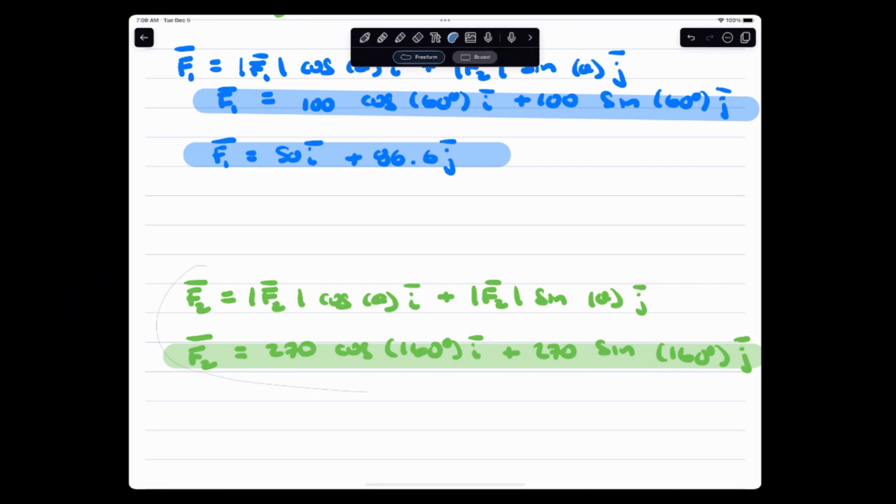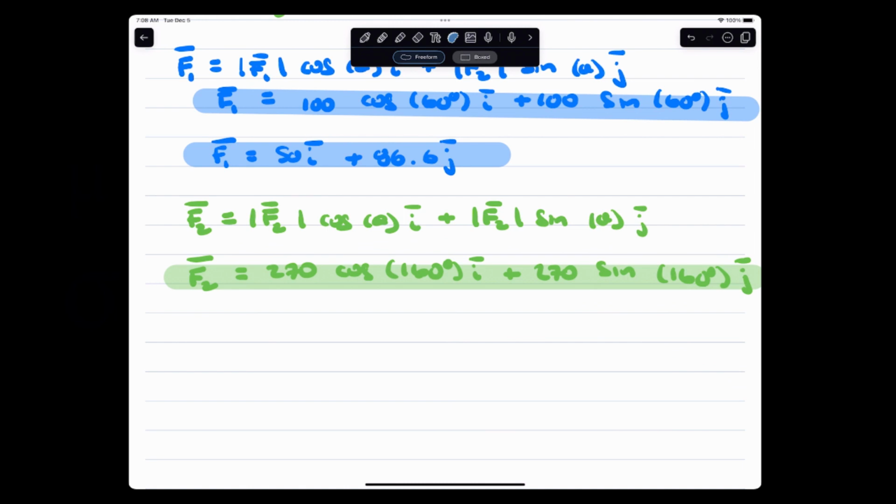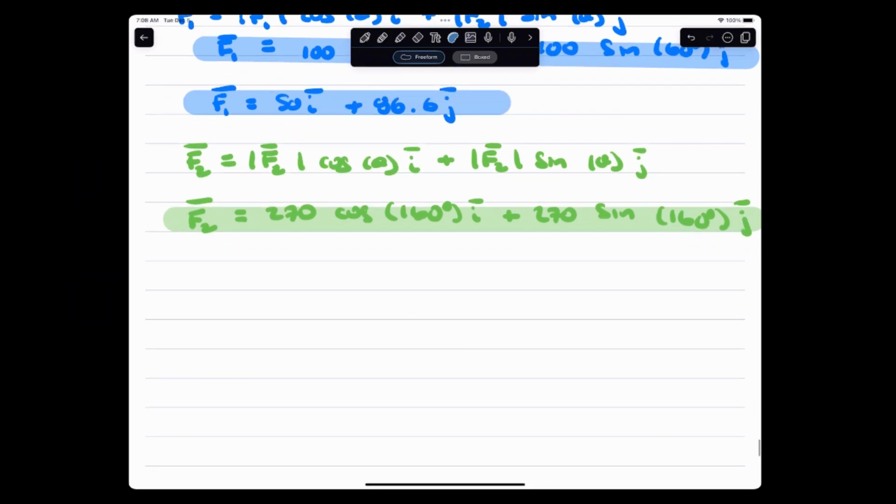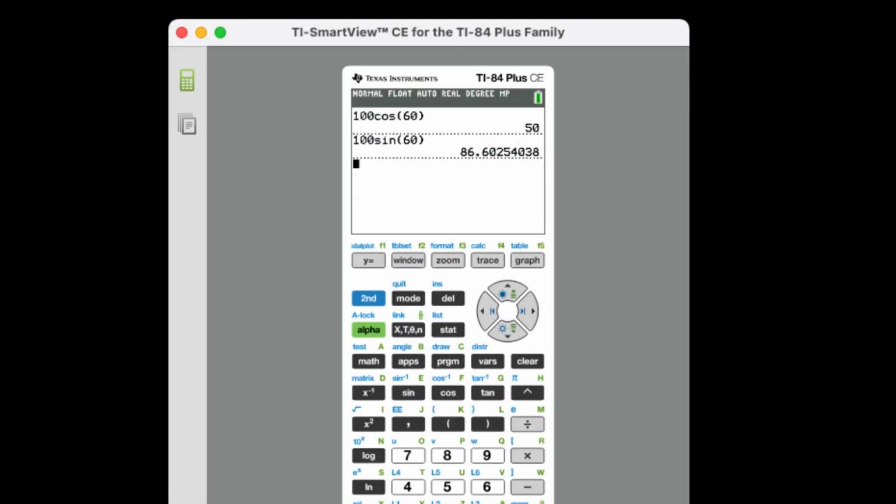Let's look for the F2 vector. Let's see what that becomes. 270 cosine 160, and that's going to be negative 253.7i.